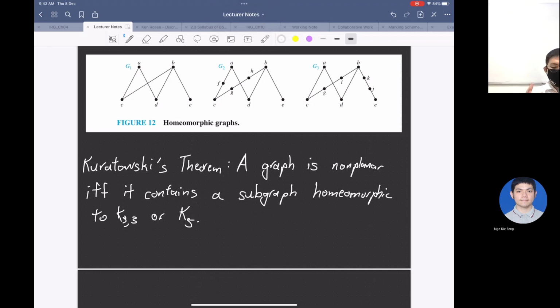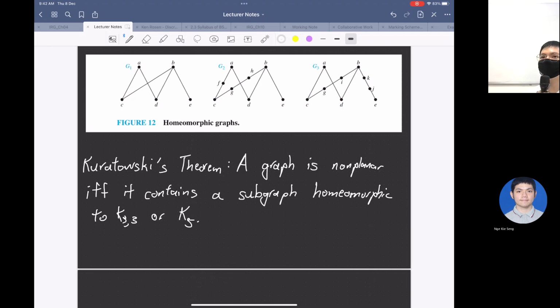If your graph is non-planar, it must contain a subgraph homeomorphic to K33 or K5. If you happen to know that it contains a subgraph homeomorphic to K33 or K5, your original graph must be non-planar. Remember the K33 and K5, just now we showed that they are both non-planar.